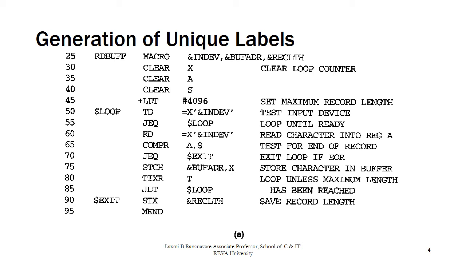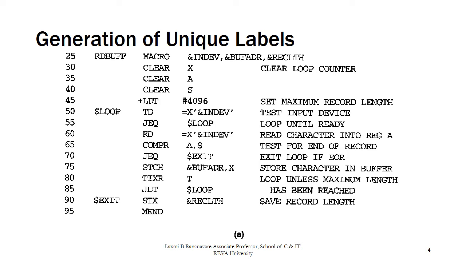The first three instructions are clear X, clear A and clear S. All these X, A, S are having 0 when you say clear. What is this clear X? You are going to store 0 in X register. That means you are clearing the loop counter.